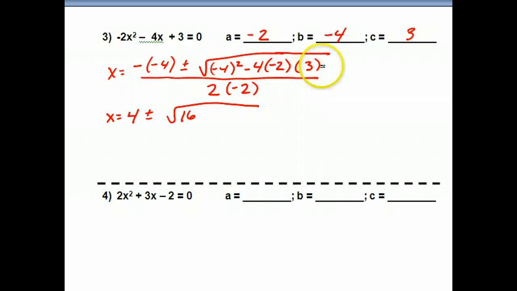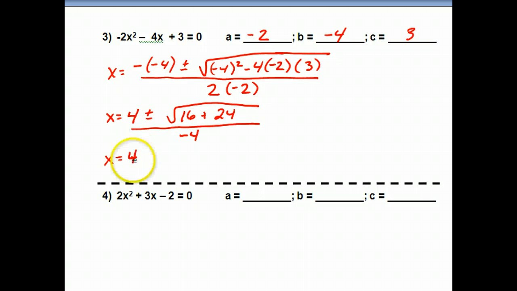Now, these three numbers I'm going to multiply together to see what I'm going to add or subtract to 16. So minus 4 times minus 2 gives me plus 8, times 3 gives me plus 24. So that looks good there. And on the bottom, I'm going to get negative 4. So here I'm going to simplify what's in here, and it's going to look a little uglier.